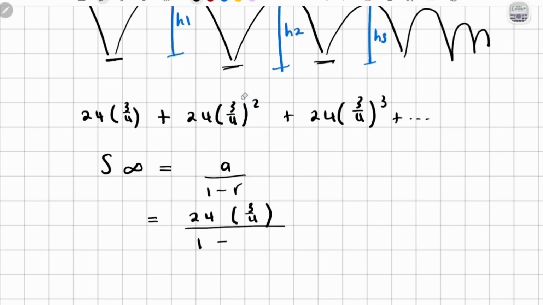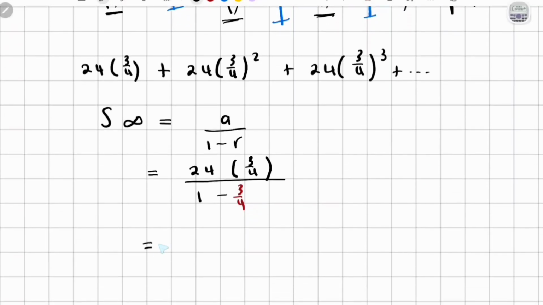The ratio you can just find by saying term 2 divided by term 1. If you say term 2 divided by term 1, you're just going to have 24 cancel, and then 3 over 4 will also cancel. Do you see that the ratio is just 3 over 4? So 3 over 4.